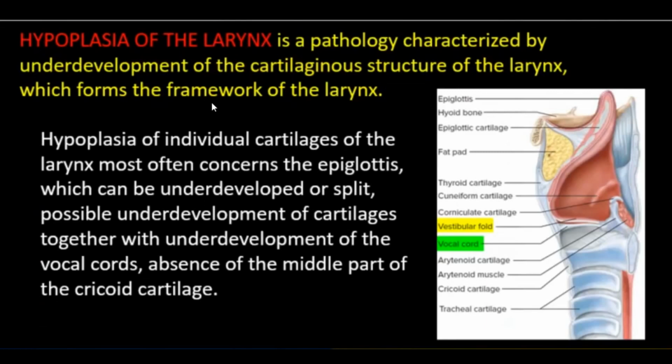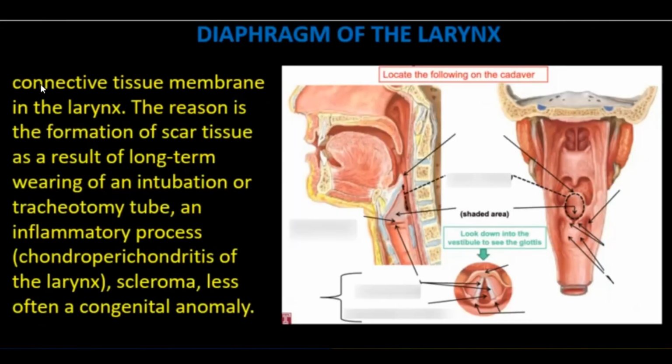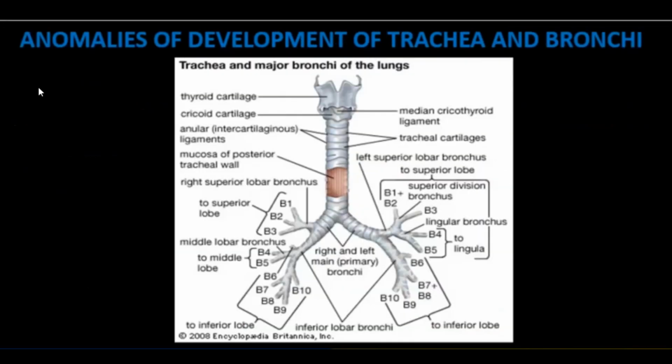Hypoplasia of the larynx is a pathology characterized by underdevelopment of the cartilaginous structure of the larynx, which forms the framework of the larynx, and diaphragms of the larynx, laryngocele, congenital cyst.